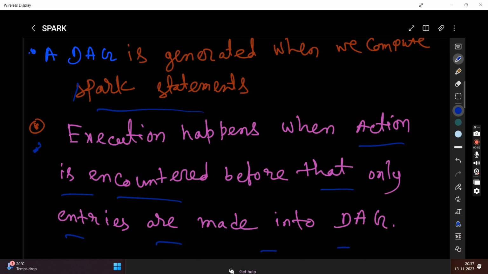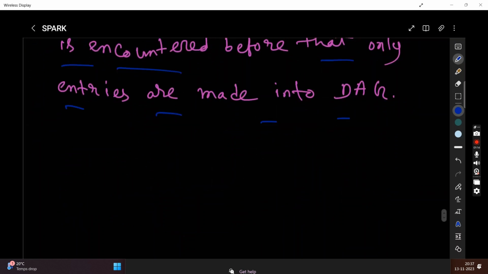The entries to the DAG will happen until we hit our action operation. So this is the statement I noted down here: execution happens when action is encountered. Before that, only entries are made into the DAG. And the DAG looks like this.